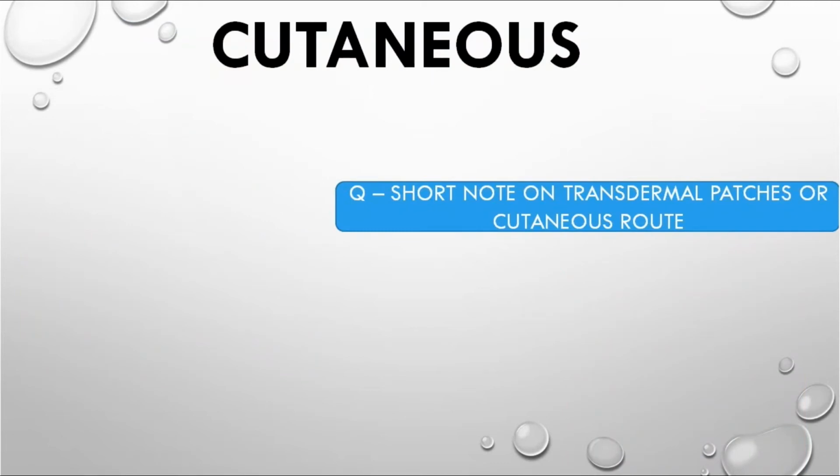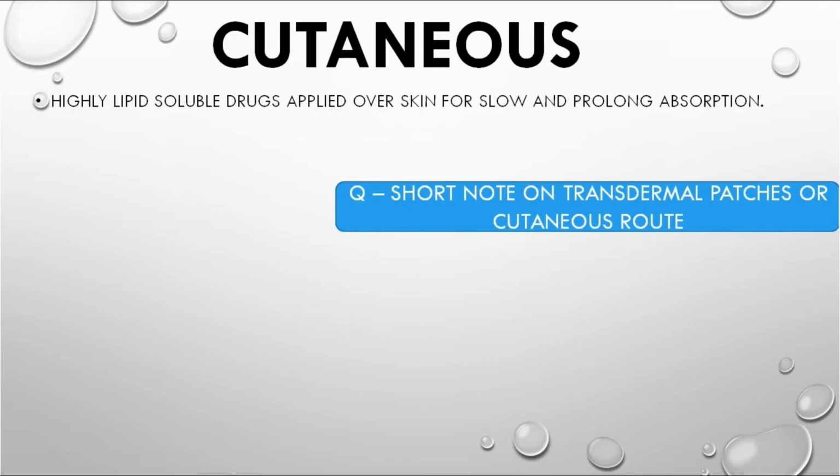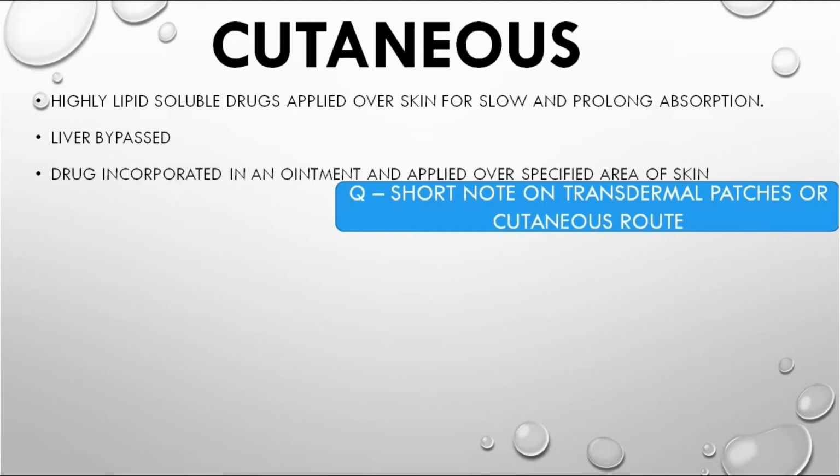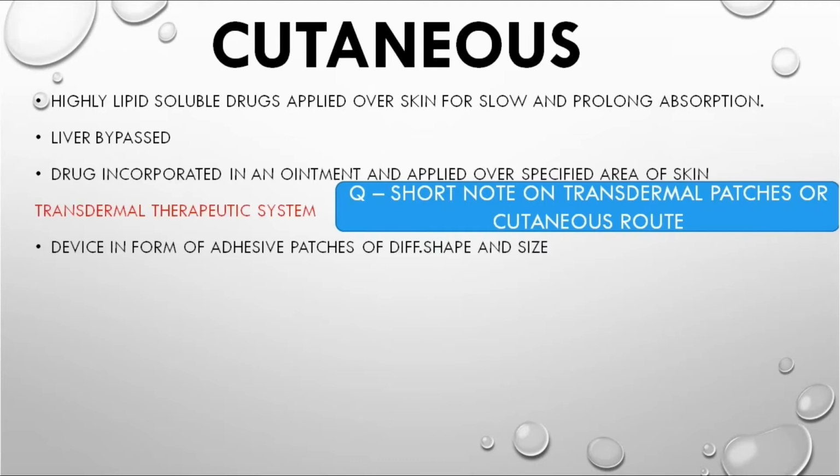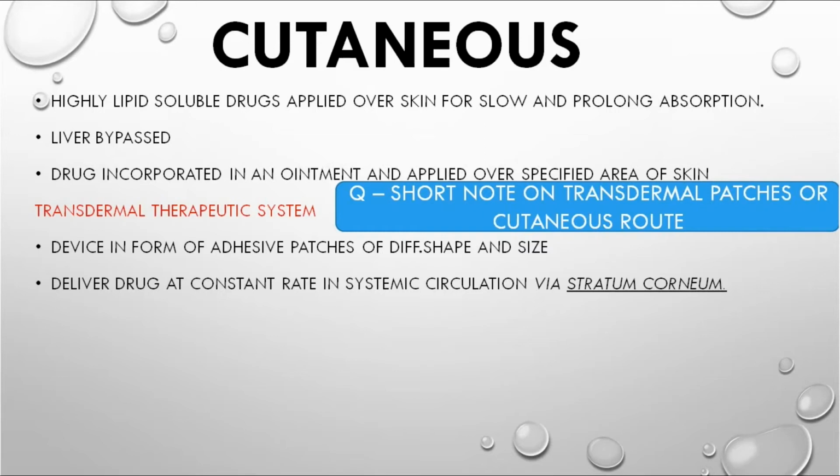Cutaneous, also known as transdermal patches, or cutaneous routes of drug administration: highly lipid soluble drugs applied over skin for slow and prolonged absorption. Liver is bypassed. Transdermal system, a device in the form of adhesive patches of different shape and size, delivers the drug at a constant rate into the systemic circulation via the stratum corneum.